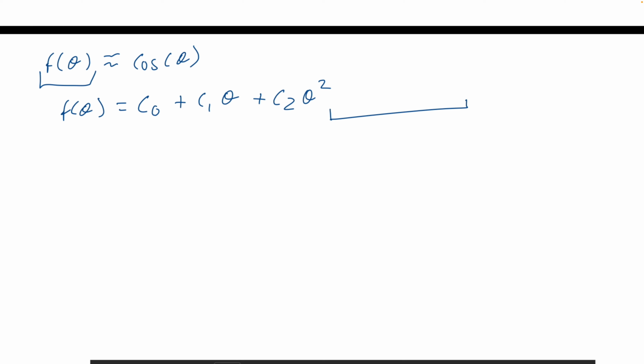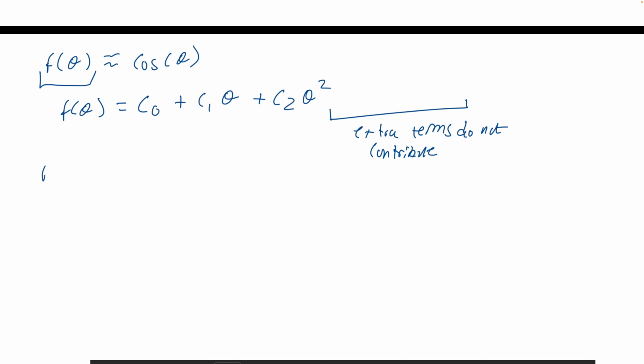Of course, noting that after a while, the extra terms do not contribute much. Because if theta is small, theta squared will become even smaller. Theta to the power 3 will be basically insignificant. We'll keep it simple, keeping it to these terms.